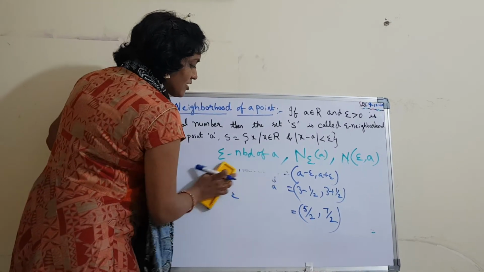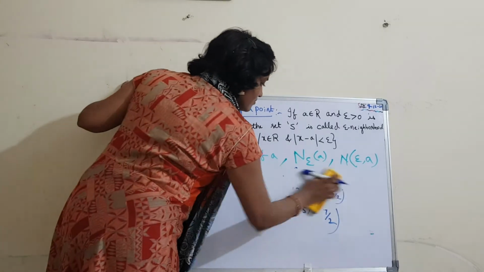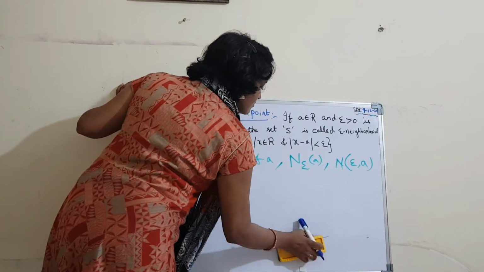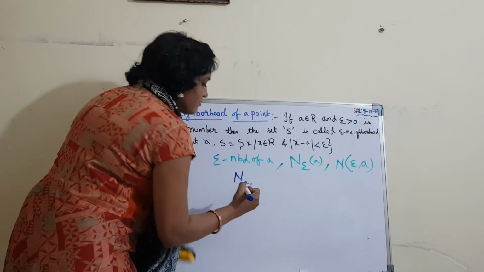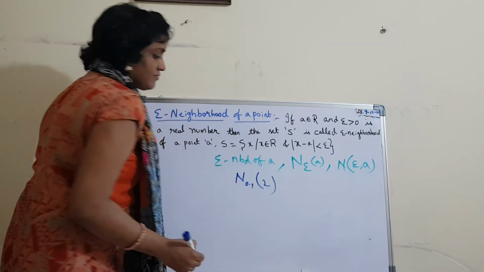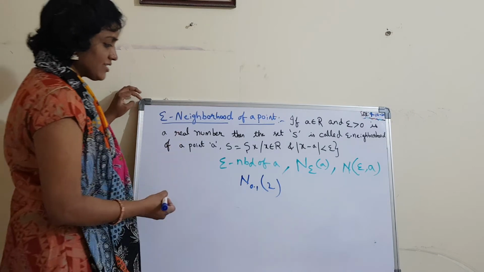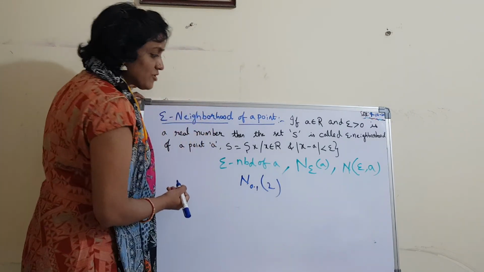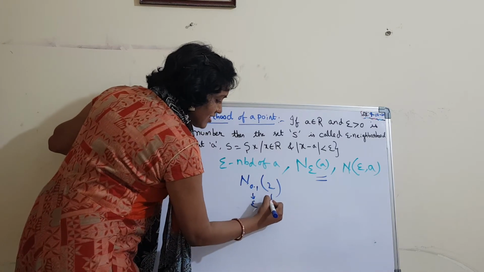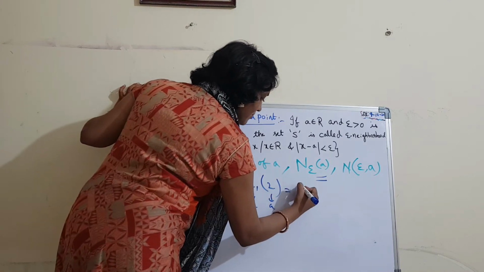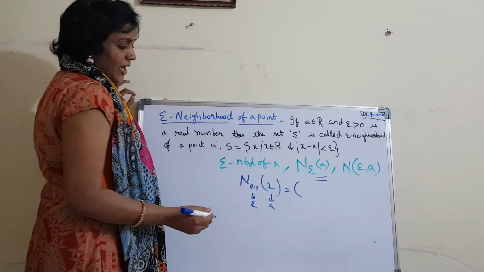Another form they can give is N of 0.1 comma 2. If they give it like this, what is A and what is epsilon? This is epsilon, this is A. The formula is A minus epsilon comma A plus epsilon.